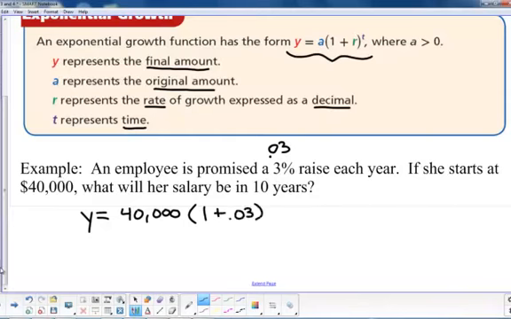You could write that as 1.03 right away. We were doing this a little bit in the last section. And then to the 10, because 10 years. So 40,000 times 1.03 to the 10th. And in the calculator, that will give you $53,756.66.